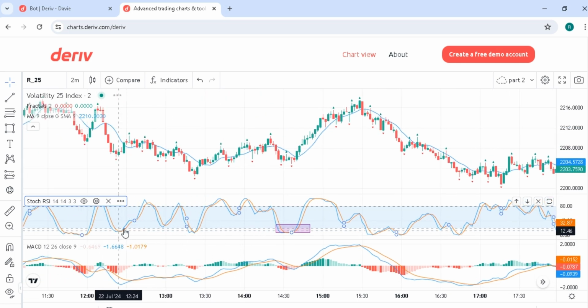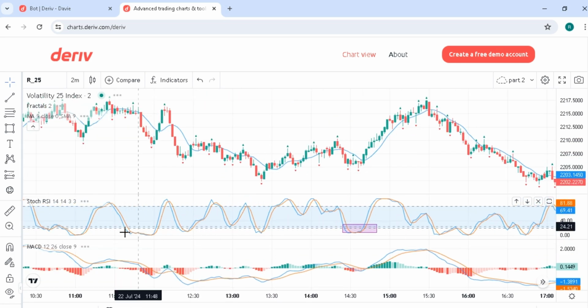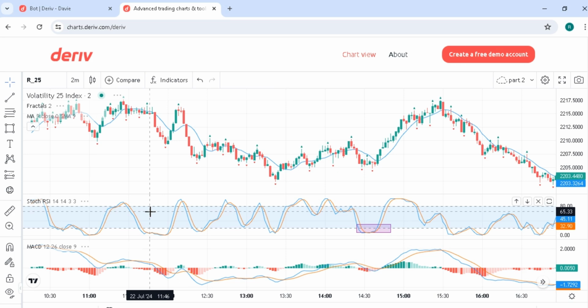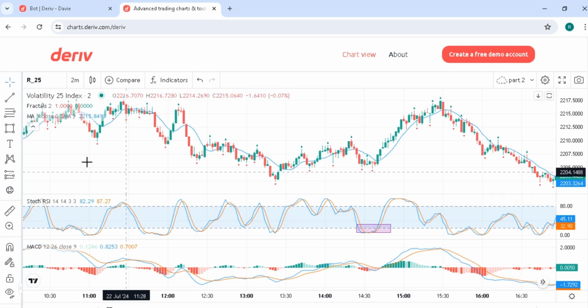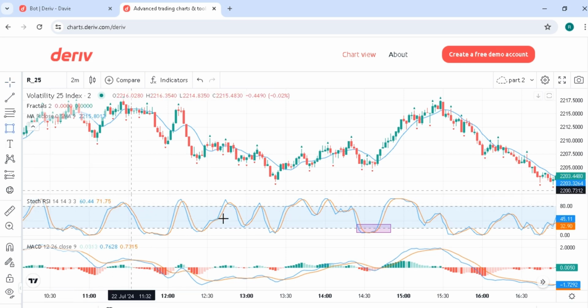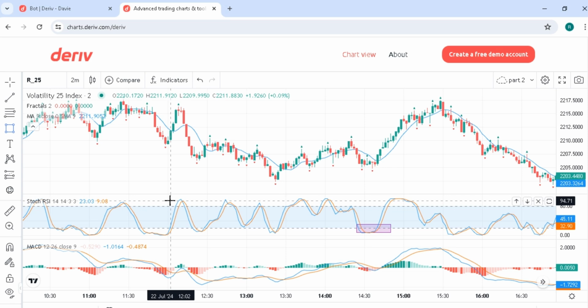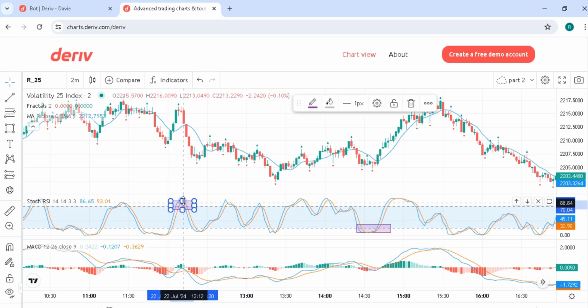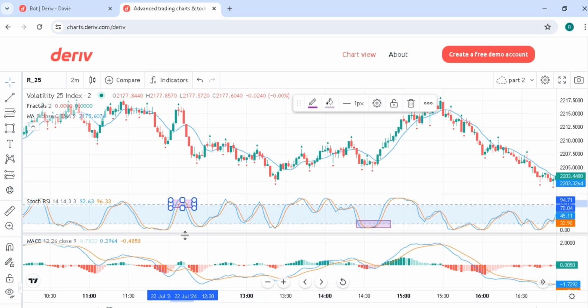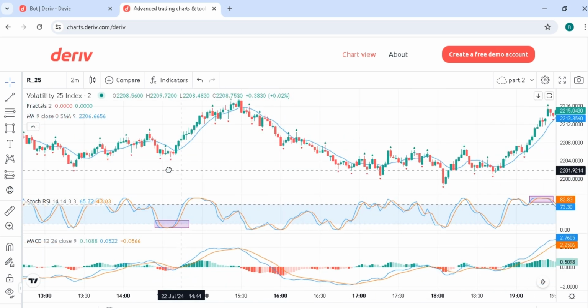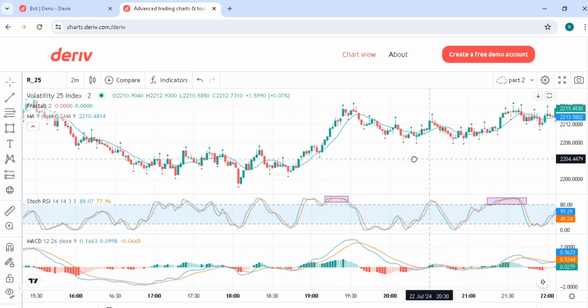Look for those points that have sharp turns. Avoid this. This is okay. A region like this, see this region, they have crossed and separated, and if you look at that market, it looks good if you consider those two indicators.